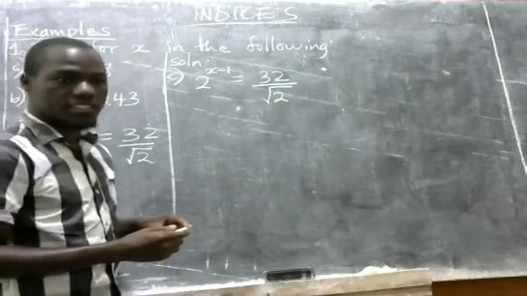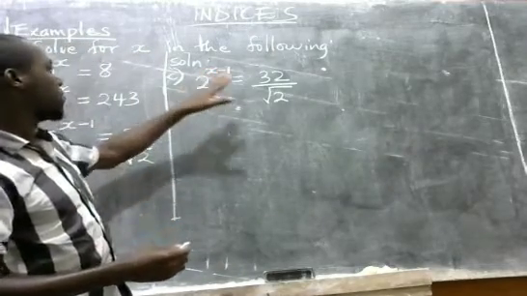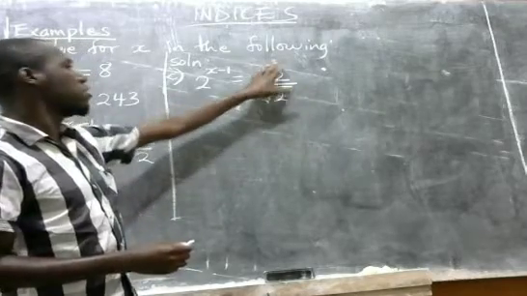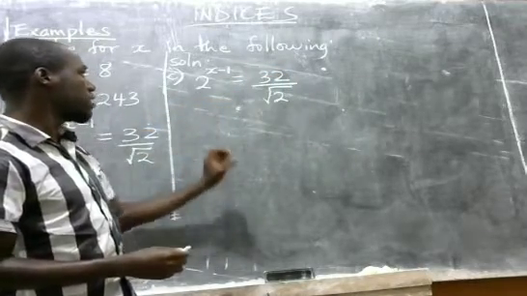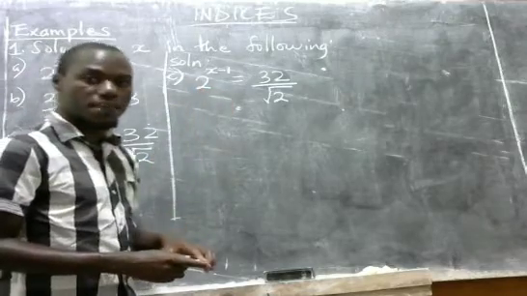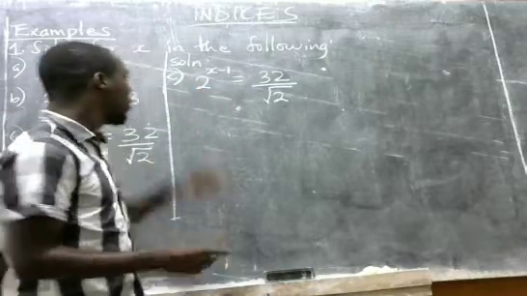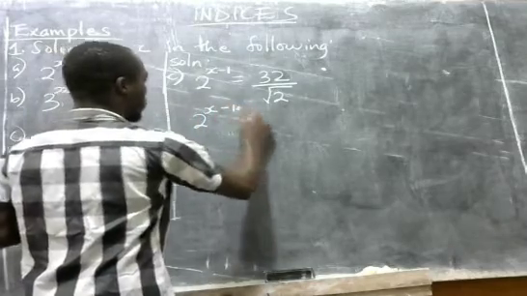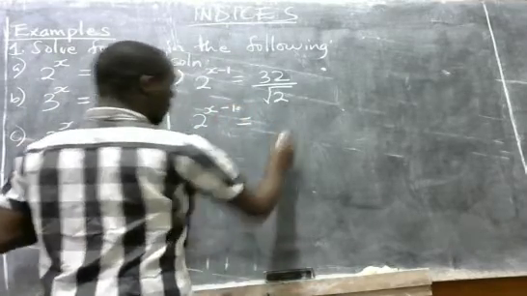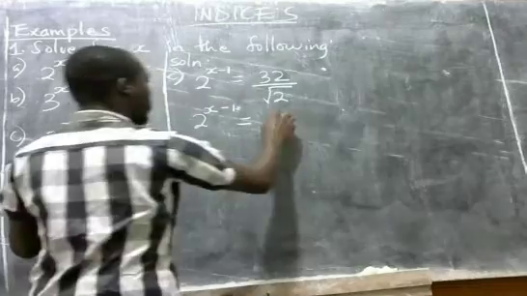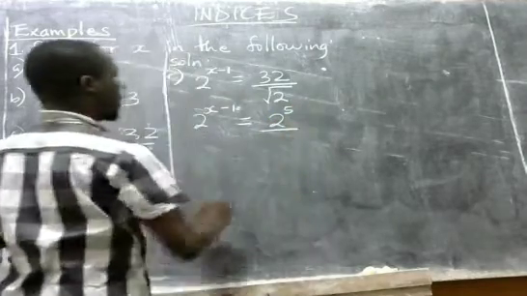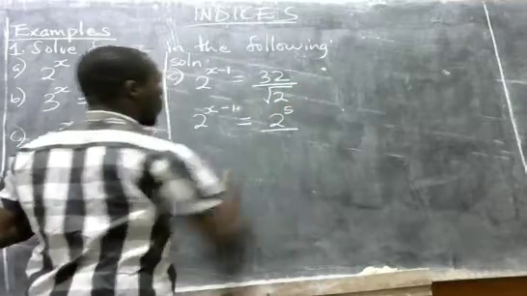Part C, we have on the other side 32 all over the root of 2. We need to manipulate this side such that we also have a base of 2. The 32, when you prime decompose it, is 2 power 5, all over the root of 2.